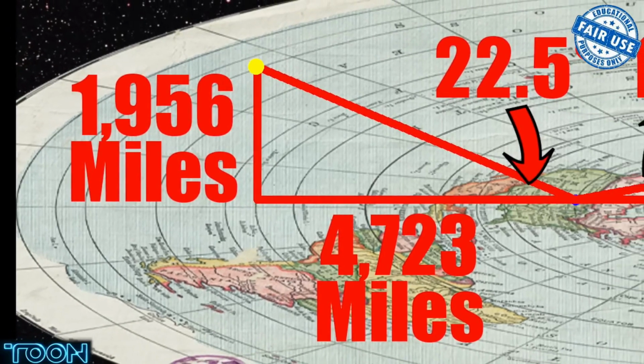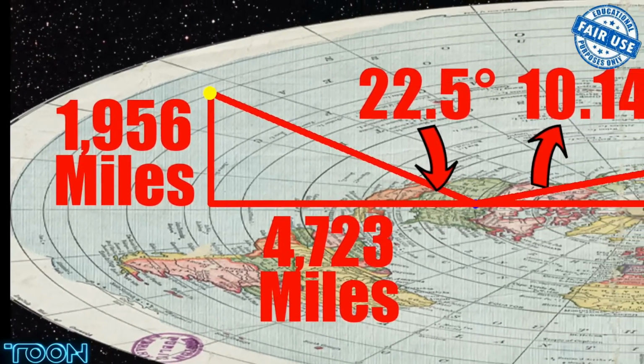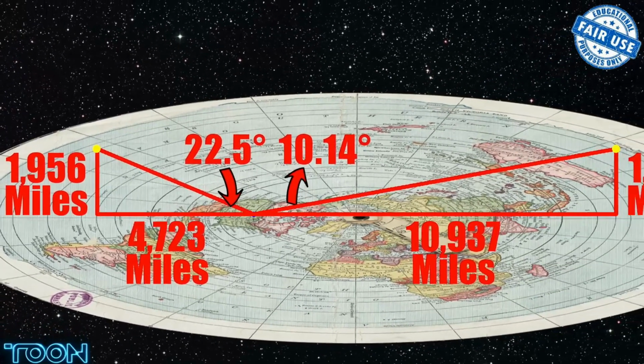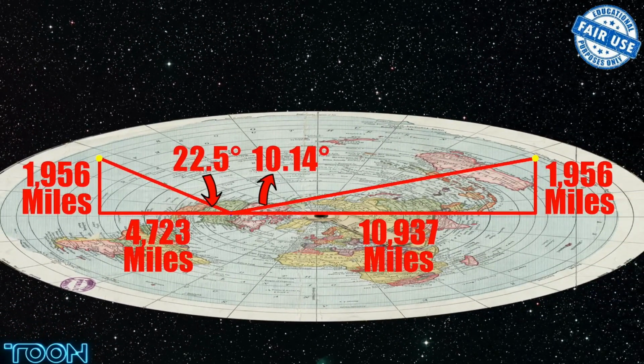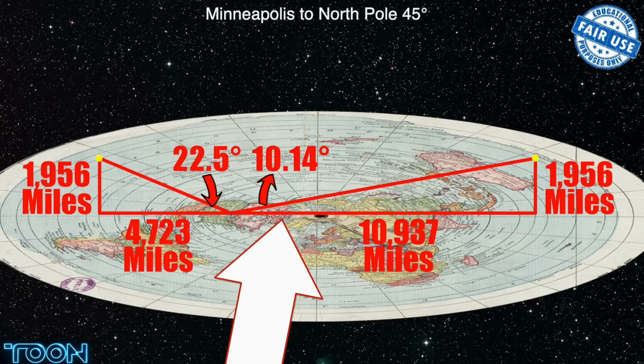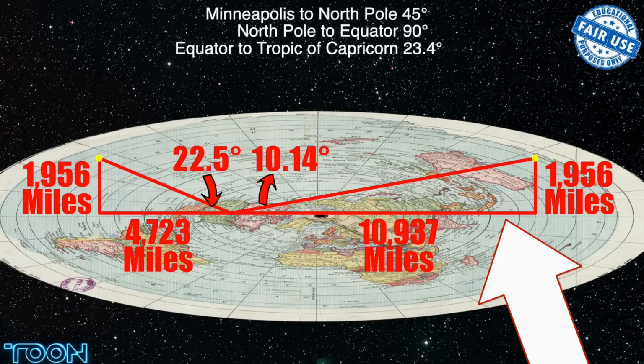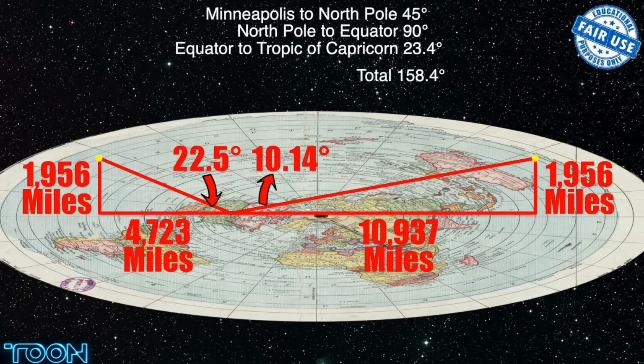You go straight north of Minneapolis, past the North Pole, past the equator, all the way to the Tropic of Capricorn over the Indian Ocean. The distance from Minneapolis to the subsolar point is easy. 45 degrees latitude to the North Pole, 90 more to the equator, and 23.4 to the Tropic of Capricorn. That's 158.4 degrees of latitude.